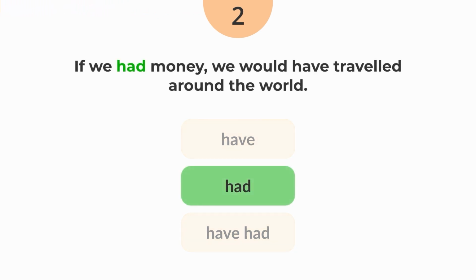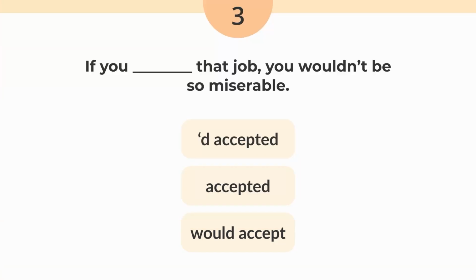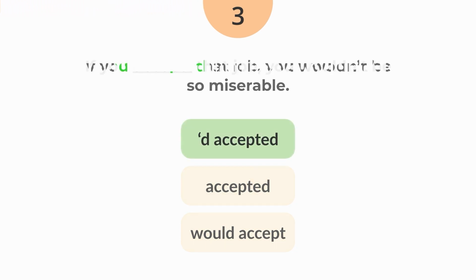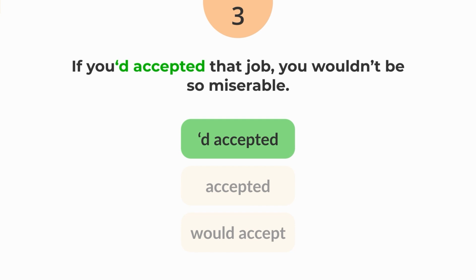If we had money, we would have travelled around the world. If you'd accepted that job, you wouldn't be so miserable.